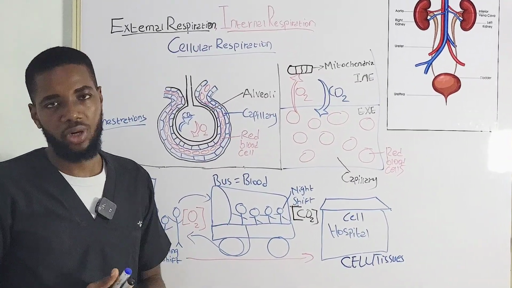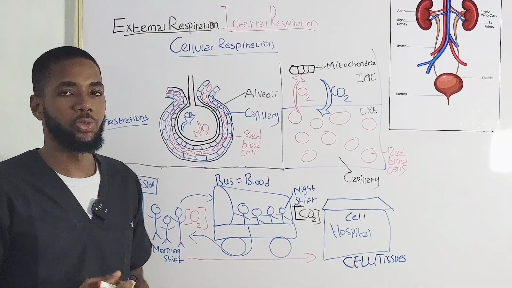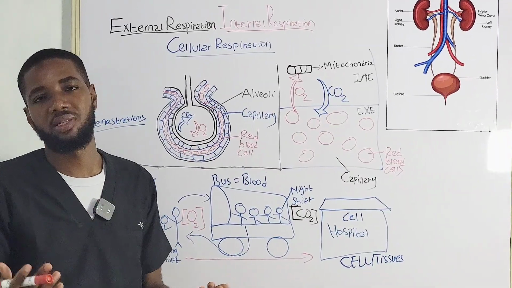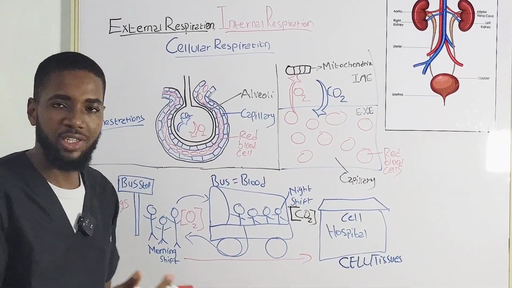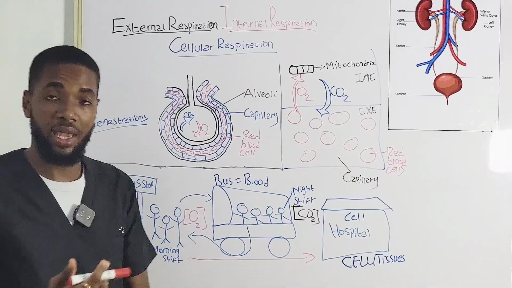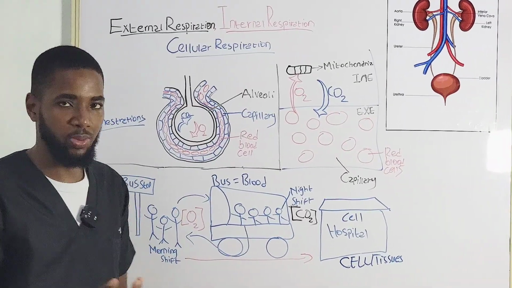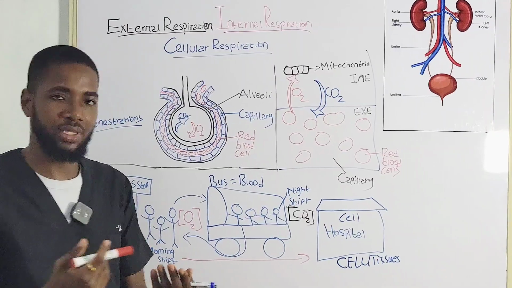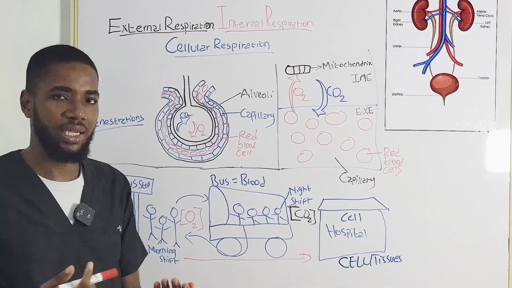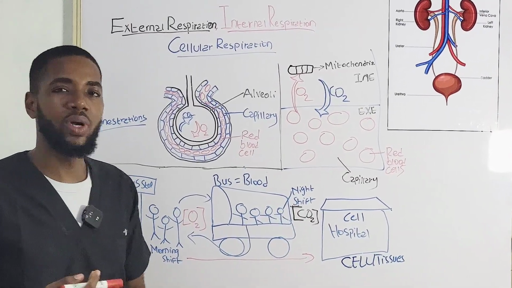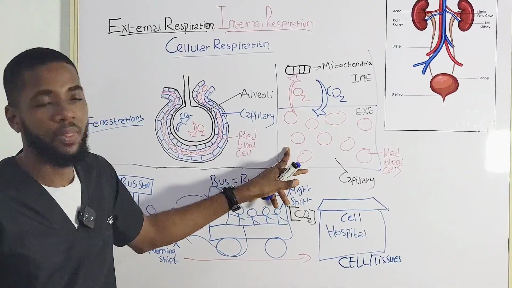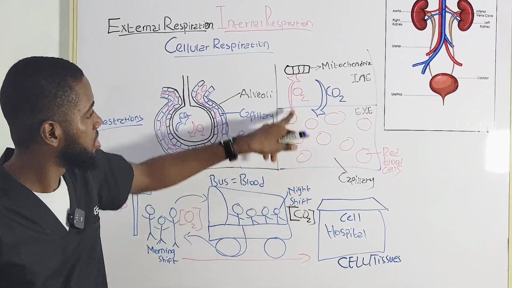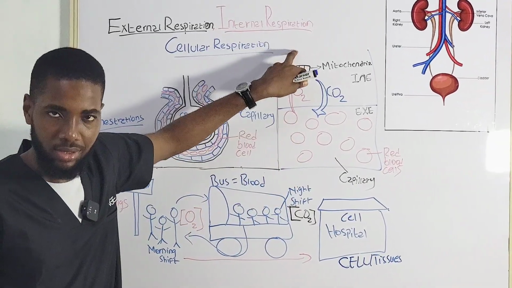Before you get to the hospital, that is where internal respiration comes in. Now, what exactly is internal respiration? Internal respiration is simply the exchange of gaseous molecules, that is, oxygen and carbon dioxide, between the blood and what? The cell.